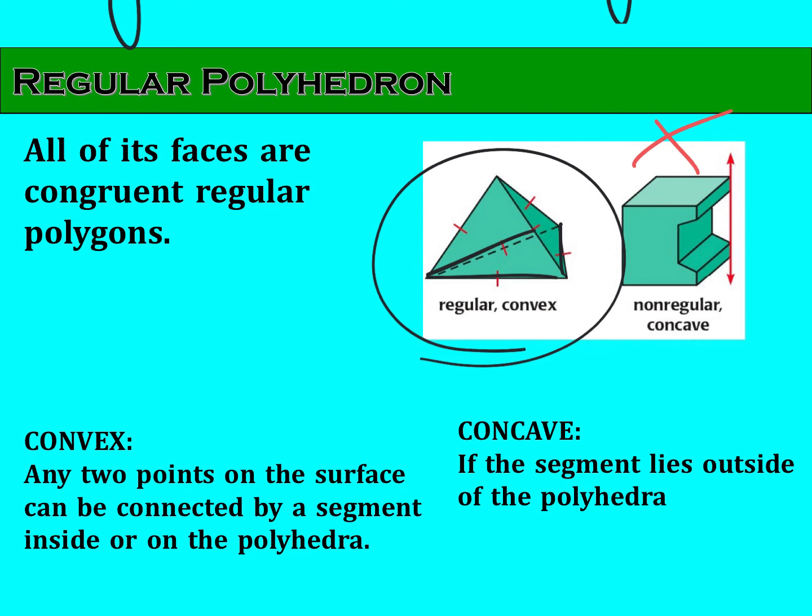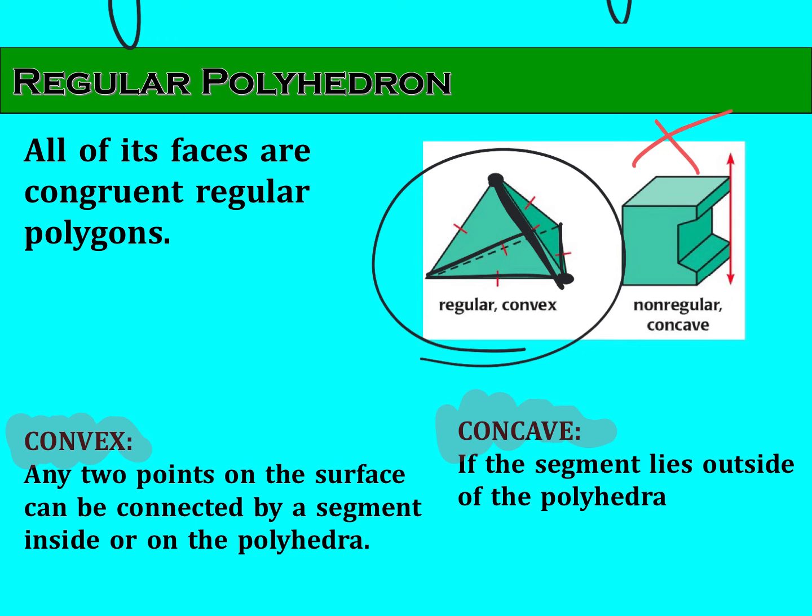And of course we've got these two definitions back. We've got convex and concave. So convex meaning that any 2 points on the surface can be connected by a segment inside or on the polyhedra. And what we're really looking for here to see if it's convex or not is really that edge. When it says 2 points, okay, if it can be connected by an edge and that can happen all the way around, that is a convex polyhedra.